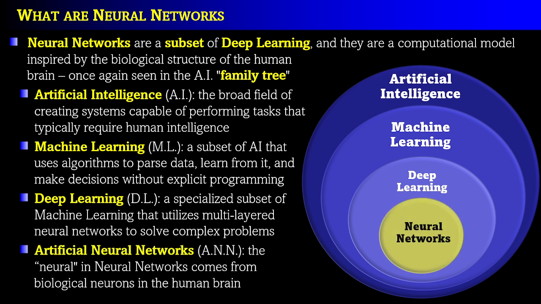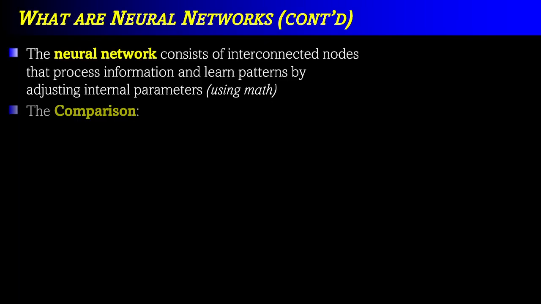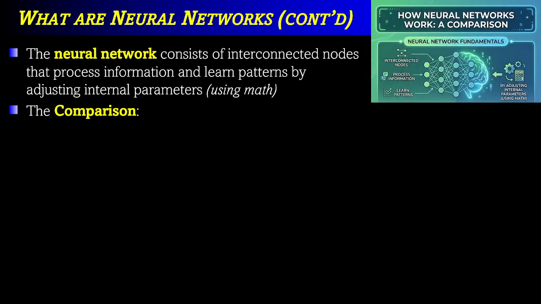So the artificial neural network, or the ANN, the neural in the neural network comes from the biological neurons that are in the human brain. The neural network consists of these interconnected nodes or neurons that process information and learn patterns by adjusting internal parameters using math.